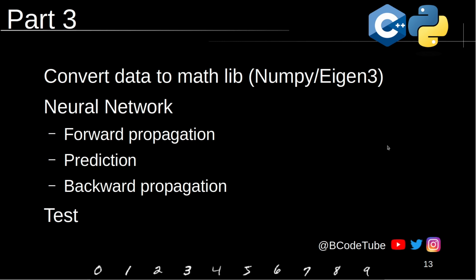For this video, we are gonna convert the data that we parsed in the previous video into our math library, either NumPy in Python or Eigen in C++, and we are gonna create our neural network. We are gonna do a forward propagation, the prediction, a backward propagation. We are gonna loop many times, and then when we have a good result, we are gonna test our neural network.